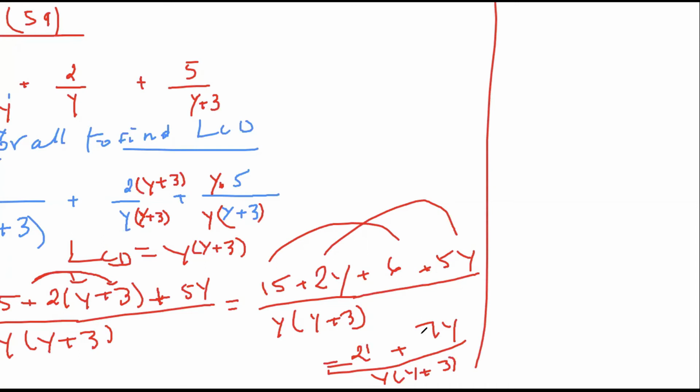What's common between 21 and 7y? 7. 7 is common. If you remove 7 or divide by 7, what do you have left? 3, plus, if you divide by 7, 1y. That's right, just y. Over, this one is still the same. That's why I tell you not to distribute it. Leave it like that. You may need it to simplify.